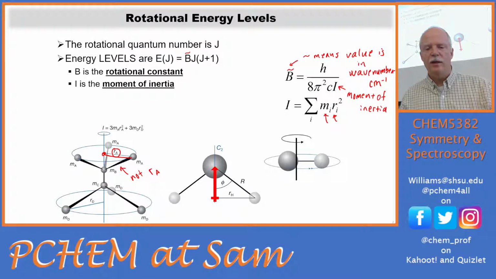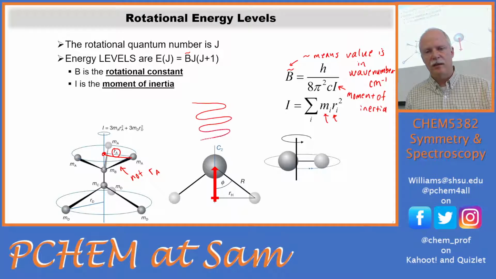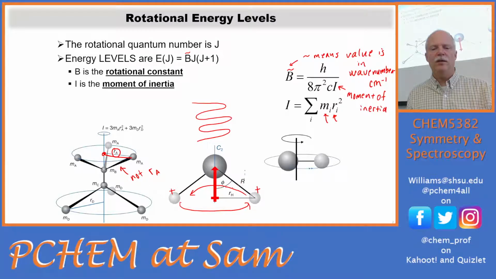Now, one thing about this is as light comes into this molecule, oscillating in this direction, okay, this is a positive charge, this is a positive charge. When I rotate this molecule, what can light interact with? The dipole goes up and down. And so rotating the molecule this way, there's no change in dipole.